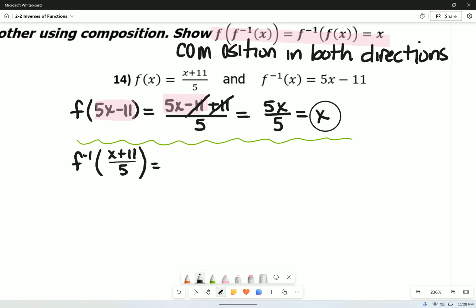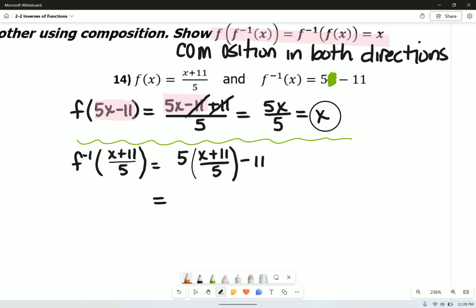What I want you to notice is, if you're looking at this inverse function, I am going to get rid of this x and replace it with x plus 11 over 5. So instead of 5x, it's going to be 5 times x plus 11 over 5, minus 11.